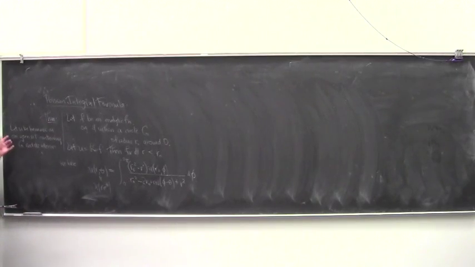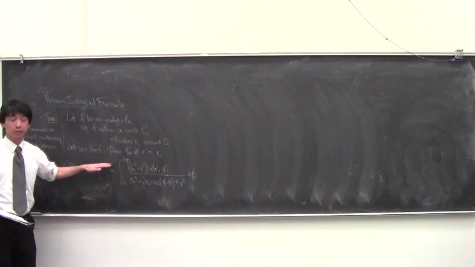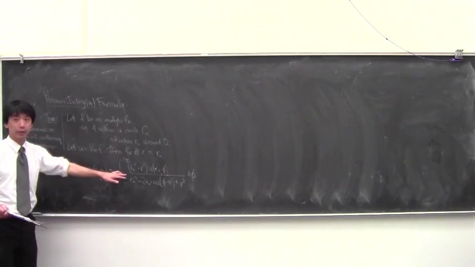Okay. Right. Let U be harmonic on an open set containing C naught and its interior. Then for all R less than R naught, U on the interior is given by the same formula.